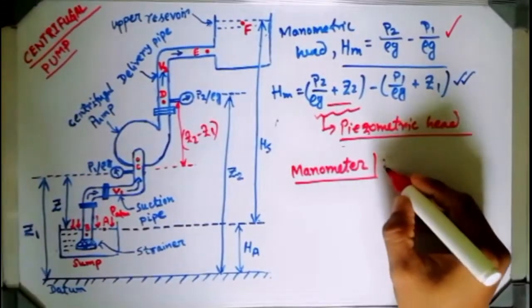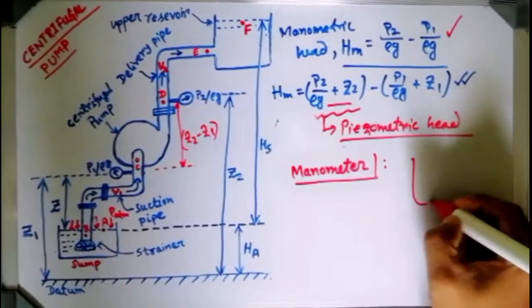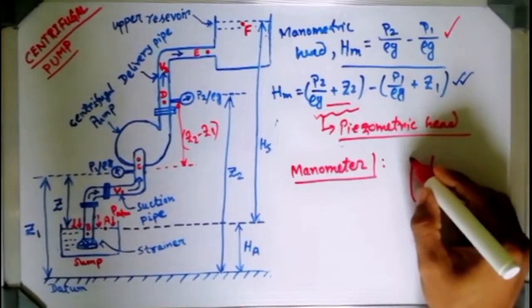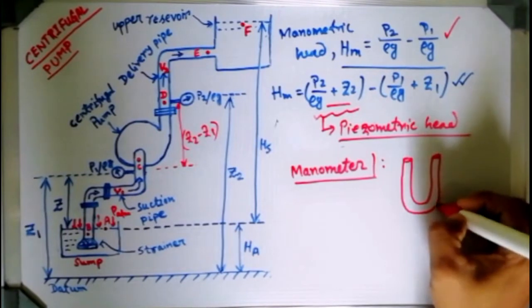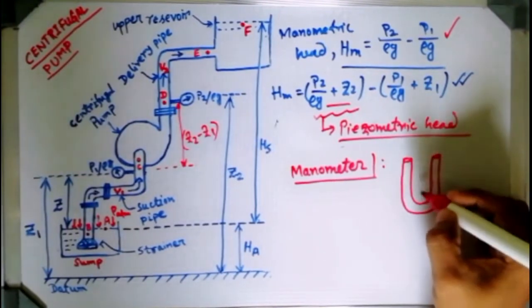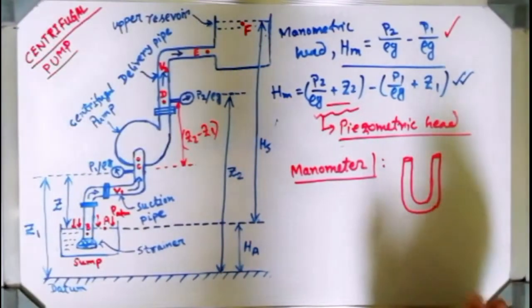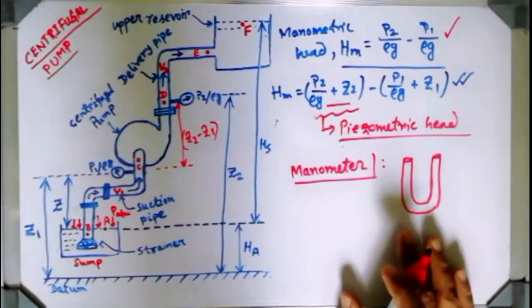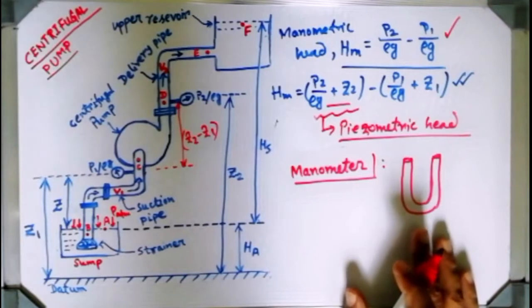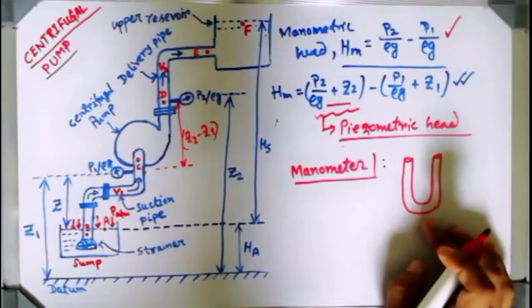Manometer is basically, most of the time, made of a U-shaped glass tube. It is not always made of a U-shaped glass tube, but most frequently we use one. It can be a single tube also, but here I am using the common one.